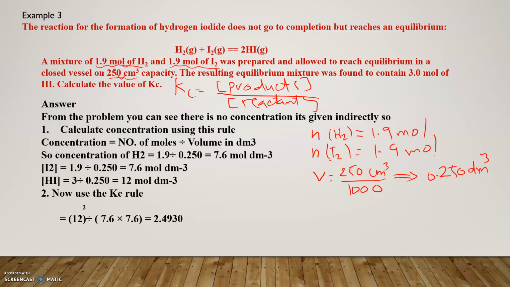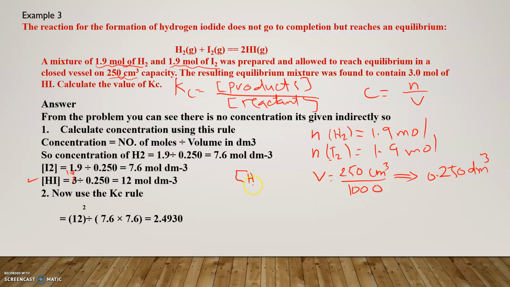Remember that old rule, that concentration equals n over V. So we have to use that to calculate the concentration. So for the concentration of hydrogen here, this is 1.9 supposed to be.